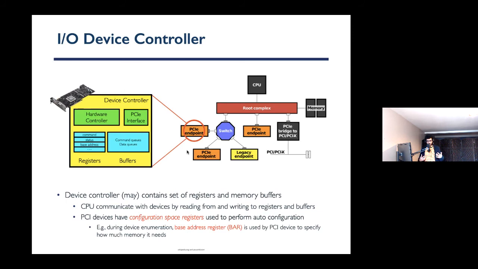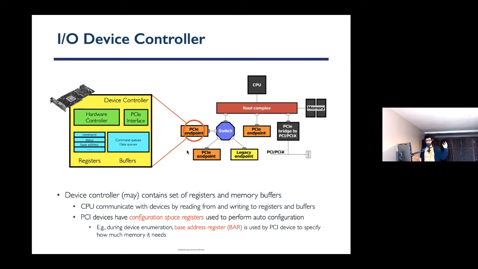The main point that has made PCIe such a great communication medium is backward compatibility. Going from PCI without the E to now PCIe 4 or 5 or 6, they're all backward compatible.